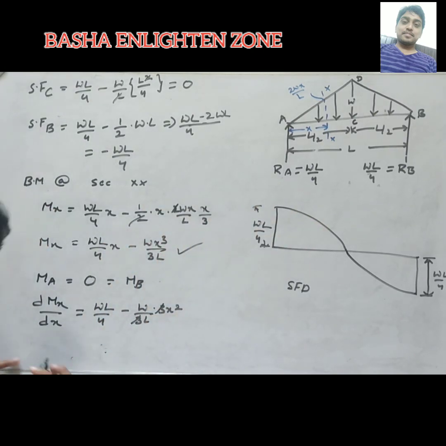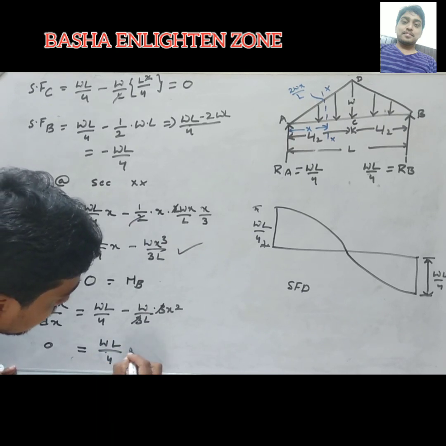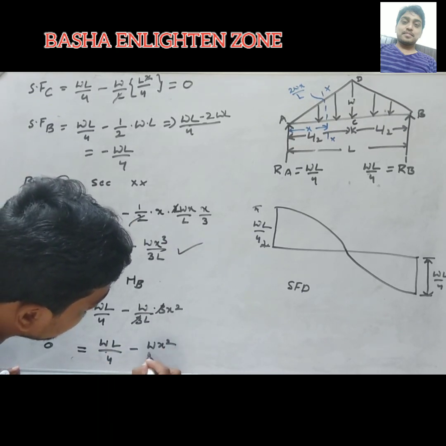So cancel these two terms. For the bending moment value to be maximum, this will be 0: WL by 4 minus WX square by L.